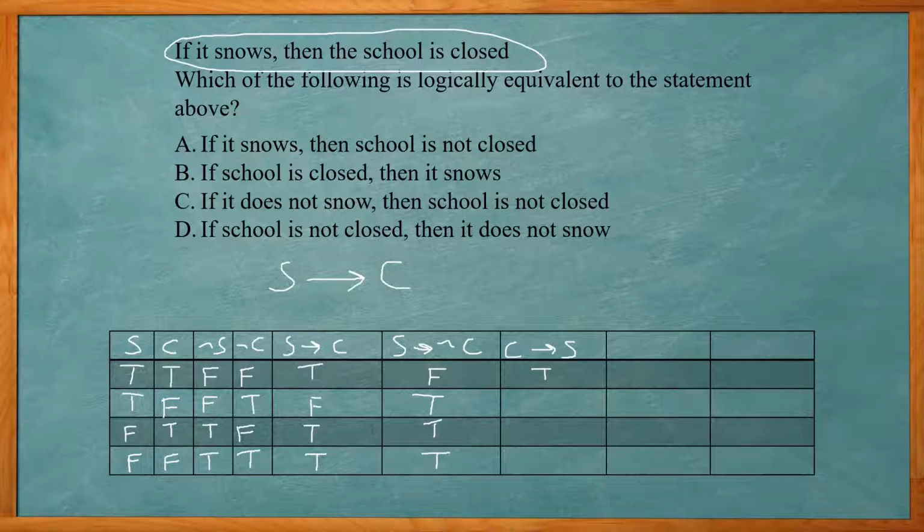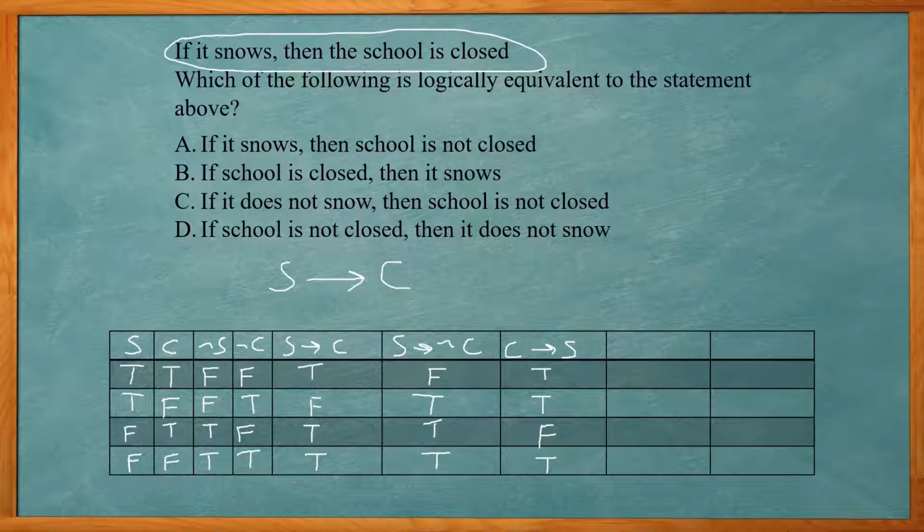False implies true, that's true. And then does true imply false? That's false. And does false imply false? That's true. Okay, so again, that does not match the S implies C column. So we'll go on to C.